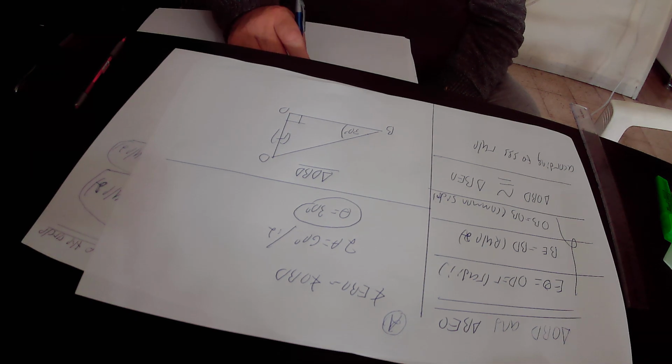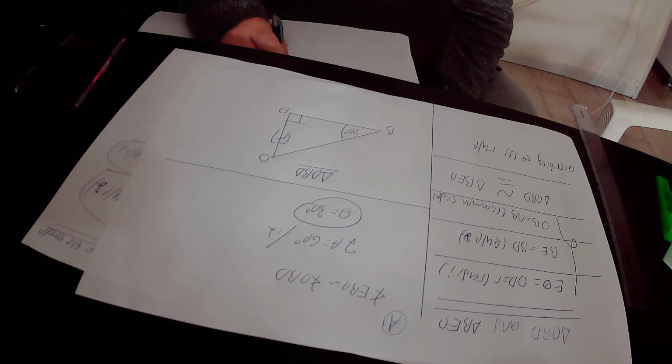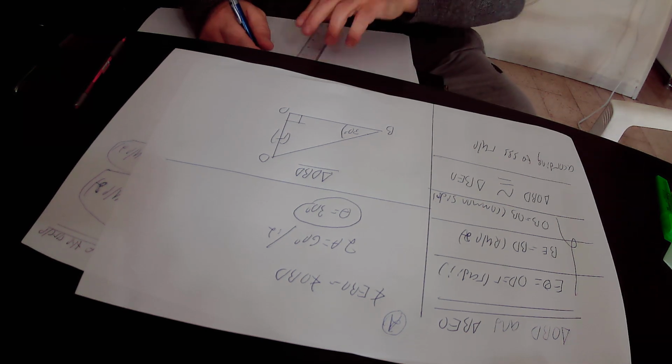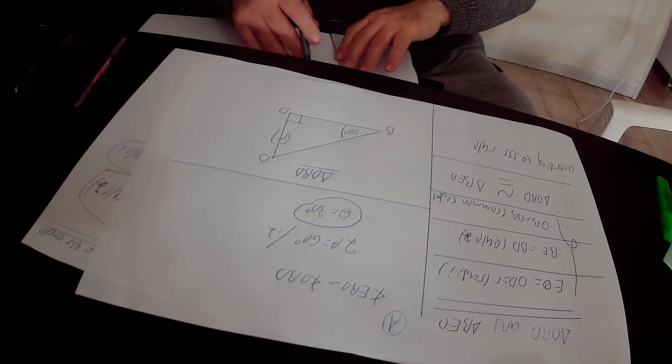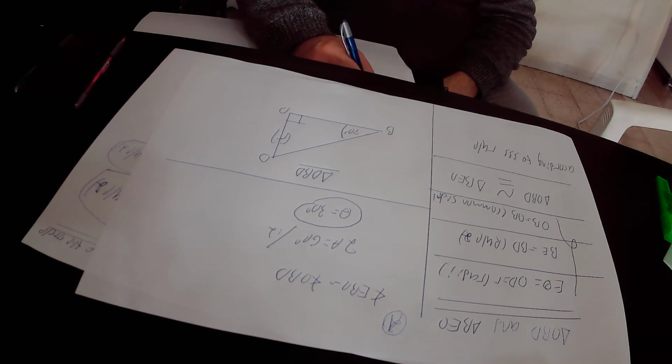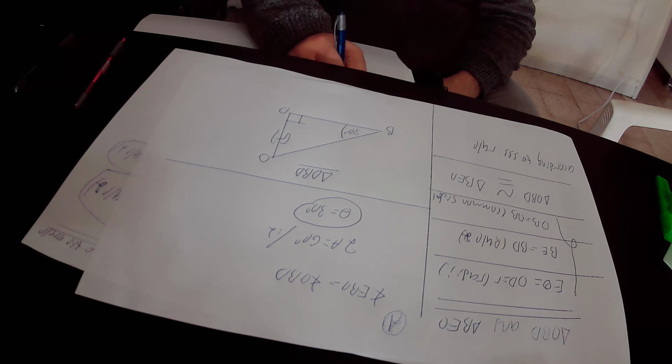So in this right triangle OBD, tangent 30 degrees equals OD over BD.